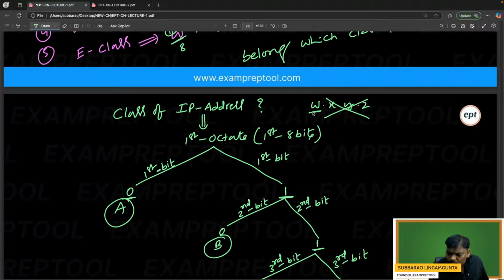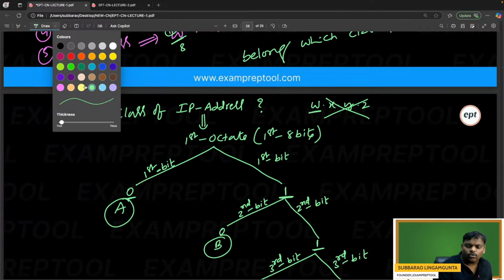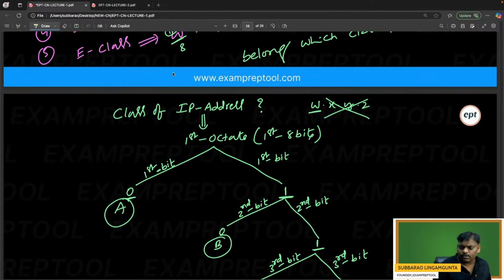You need not bother about the other three. Only look at the first octet, the first 8 bits.